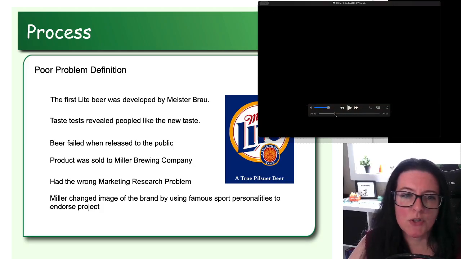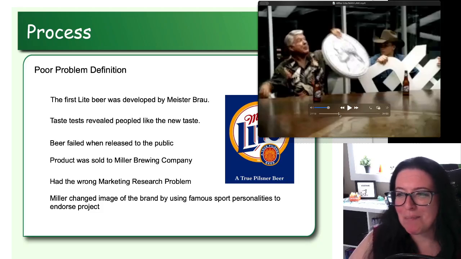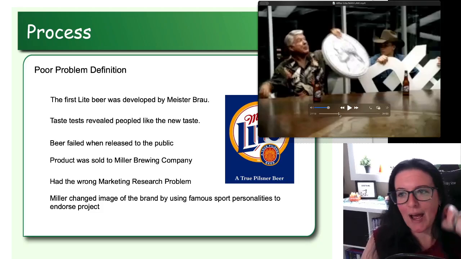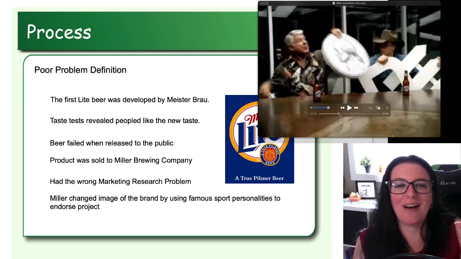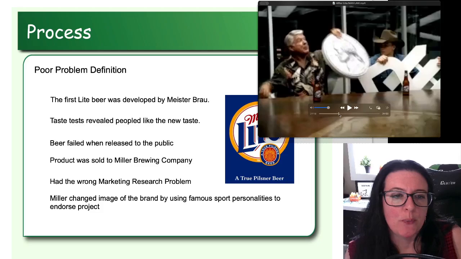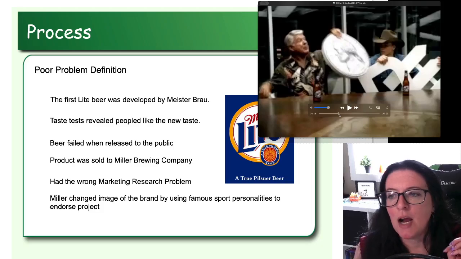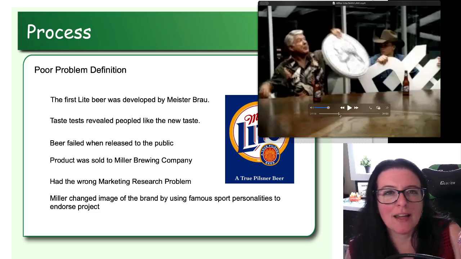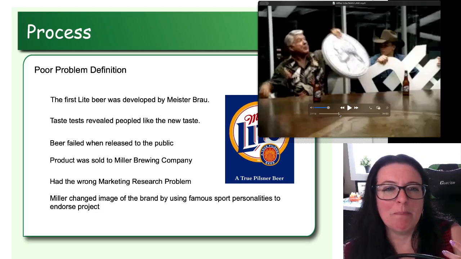So this commercial, as you go through more of it, comes up with slogans and witty statements. The idea here is that we have celebrities who are coming up with fun, manly statements, manly things to do. And you'll notice here in each of these images, we have that Miller Lite on the screen, but no one's talking about it being light beer. It's all talking about what it means to be manly.